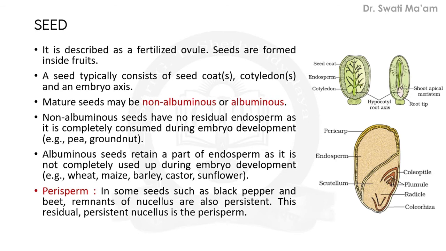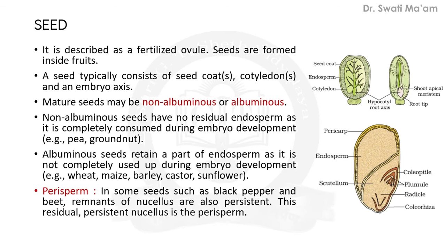Embryo development requires energy, and this energy is taken from the reserve food material, which is stored in the form of endosperm. So if the whole of the endosperm is used up by the developing embryo, just like in pea or groundnut seeds, then it is known as a non-albuminous seed.